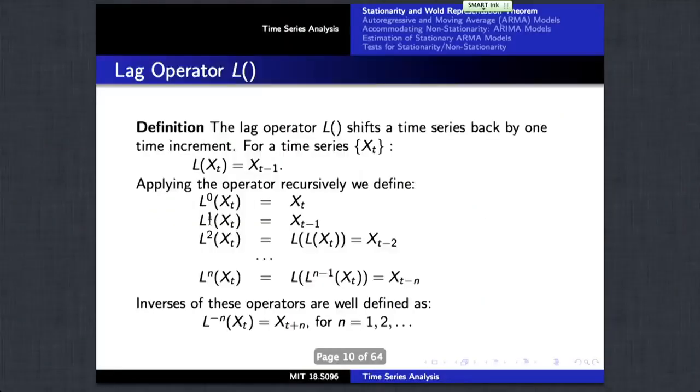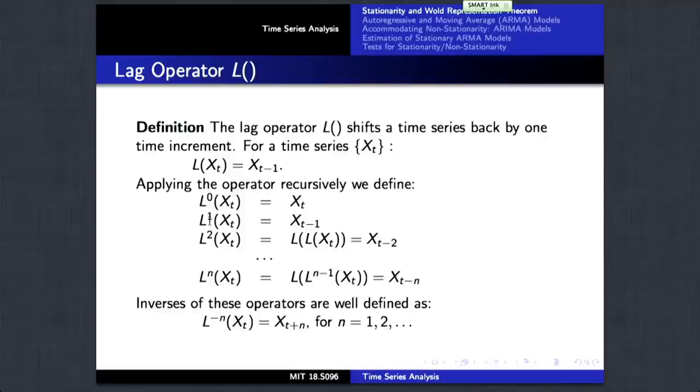All right. Let's turn to talking about the lag operator. The lag operator is a fundamental tool in time series models. We consider the operator L that shifts the time series back by one time increment. And applying this operator recursively, if it's operating 0 times, there's no lag; 1 time, there's 1 lag; 2 times, 2 lags, doing that iteratively.